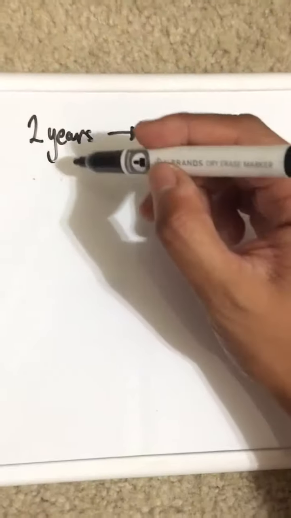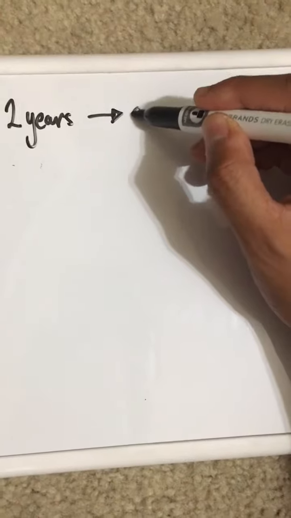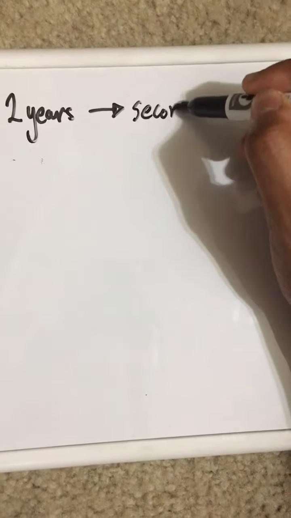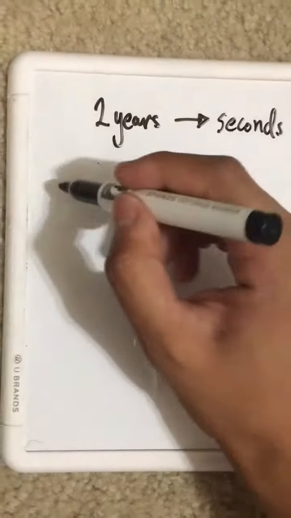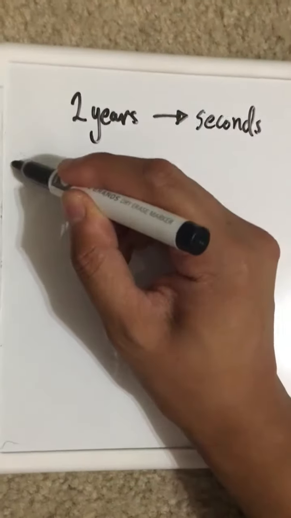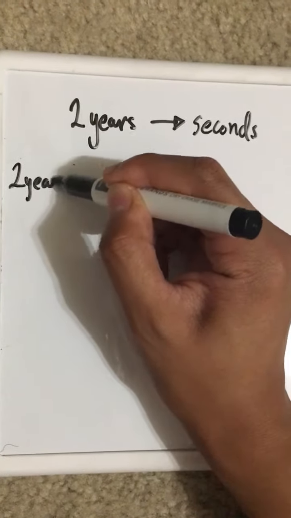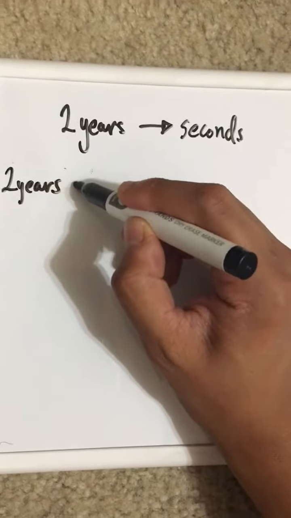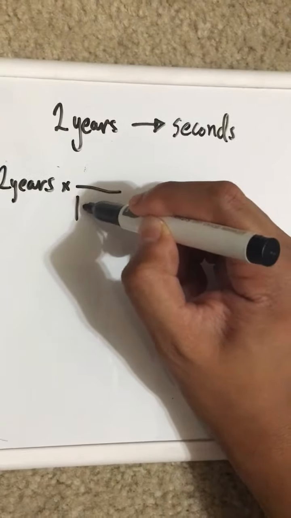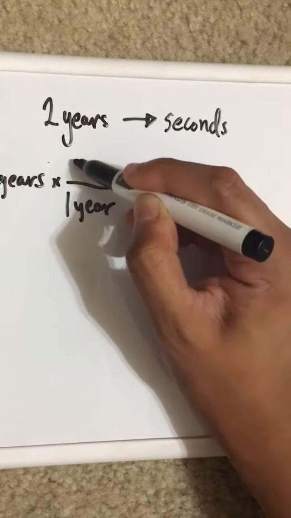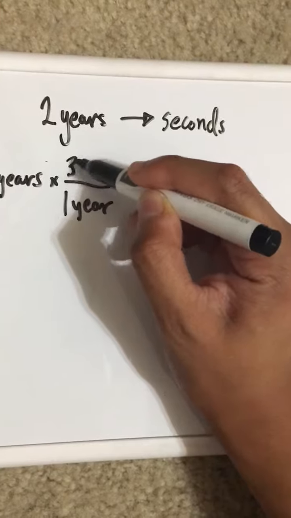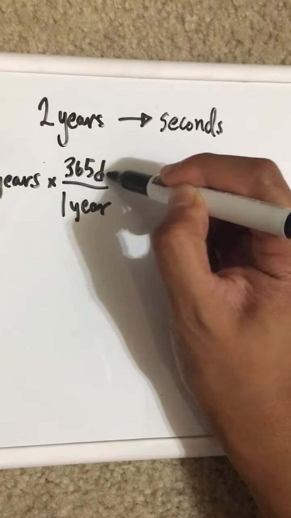So let's make this a little bit more complicated. So let's go from years to seconds. Alright, so our given is 2 years. We know that in 1 year there are 365 days.